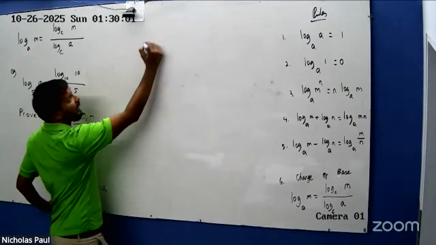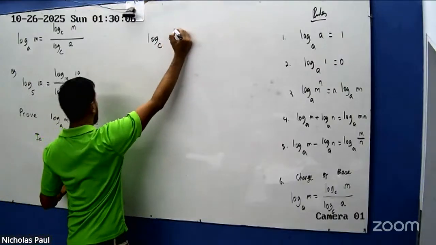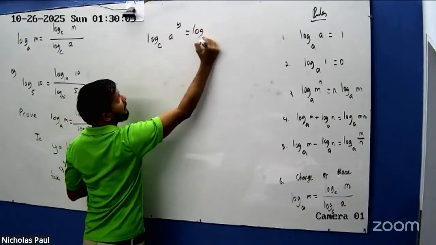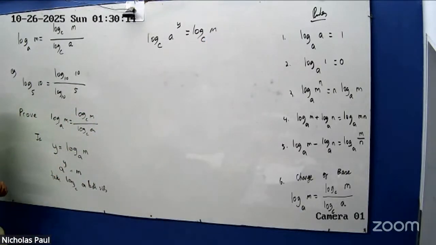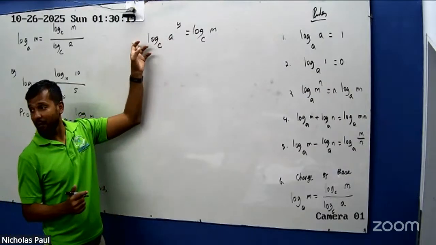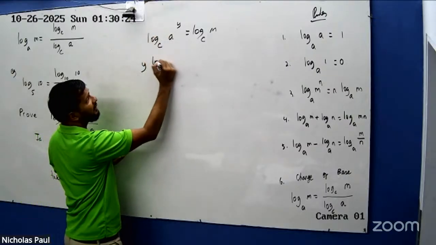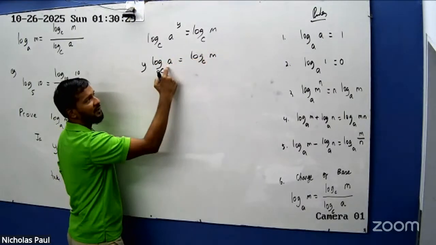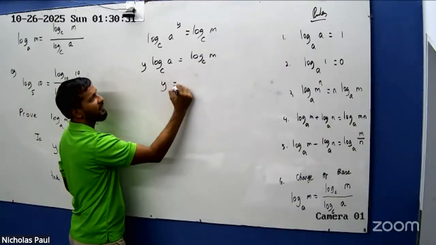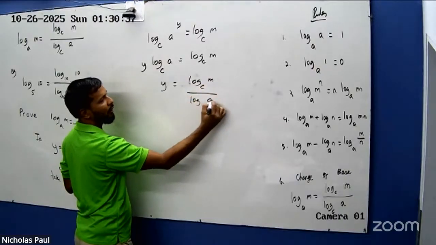So I will end up with log to the base c of a to the y is log to the base c of m. Everybody okay with this? Then I can bring the y down here. So I'll get y log to the base c of a is log to the base c of m. And then I can move this here, so I'll get y is equal to log to the base c of m over log to the base c of a.